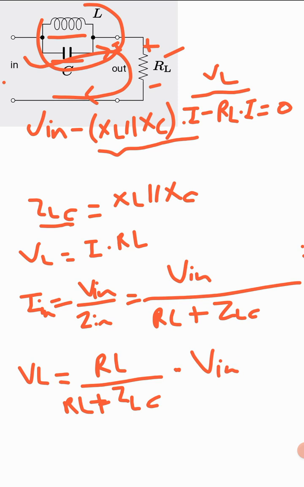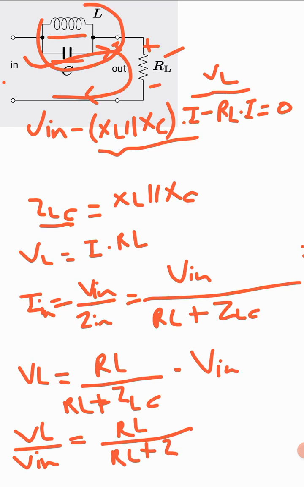Once you have that, you can get the voltage gain, which is the ratio of output voltage divided by input voltage. So it is RL divided by RL plus ZLC. So you basically take the V in to the denominator of this equation, and that is how precisely we have indicated here.